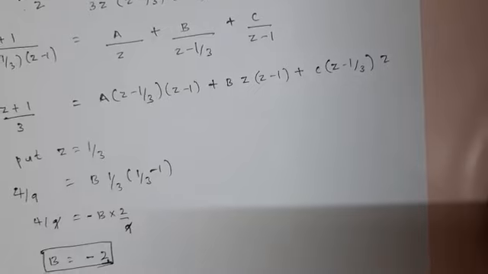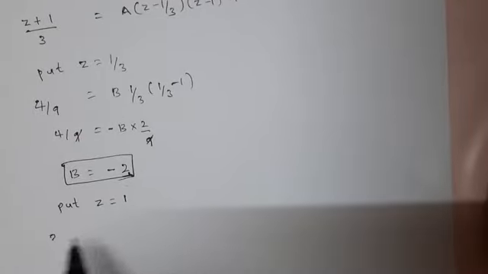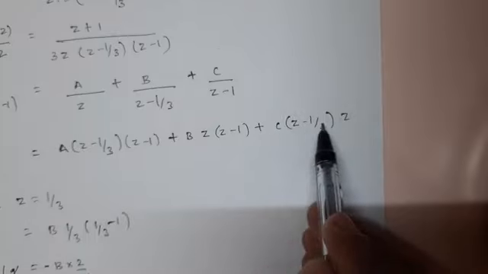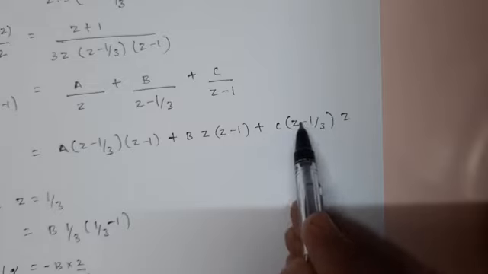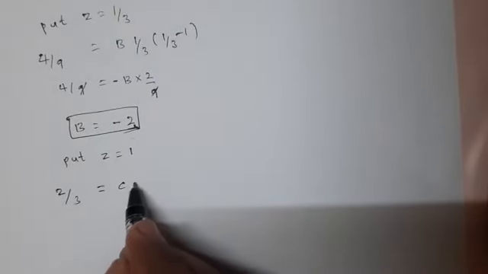On the LHS, z equal to 1, 1 plus 1 by 3 gives you 4 by 3... that is, 2 by 3 equal to c into z equal to 1 minus 1 by 3, 3 goes here, 3 minus 1, 2 by 3. So it is c into 2 by 3. 3 cancel, 2 cancel, you are left with c equal to 1.